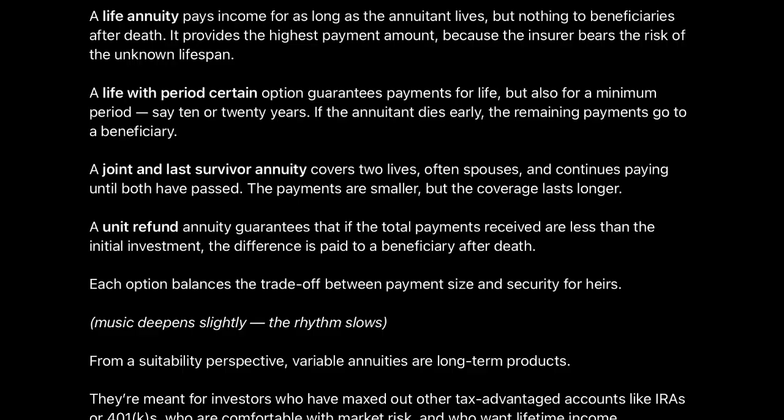A joint and last survivor annuity covers 2 lives, often spouses, and continues paying until both have passed. The payments are smaller, but the coverage lasts longer. A unit refund annuity guarantees that if the total payments received are less than the initial investment, the difference is paid to a beneficiary after death. Each option balances the trade off between payment size and security for heirs.